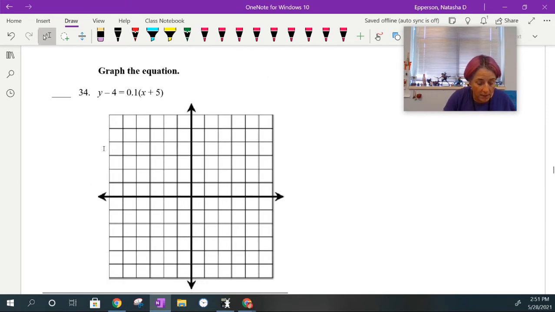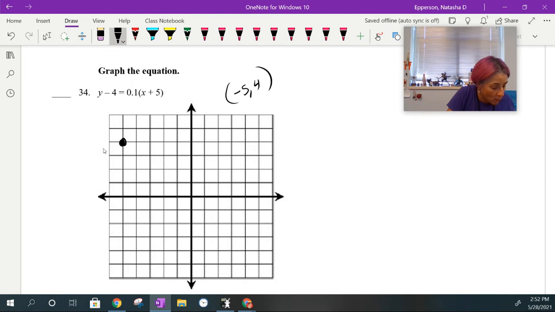Graph the equation given on here. This is in point slope form. I can pick this point. I'm going to pick the point -5, 4. So 1, 2, 3, 4, 5, 1, 2, 3, 4.